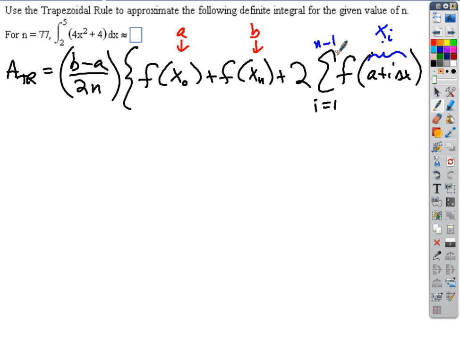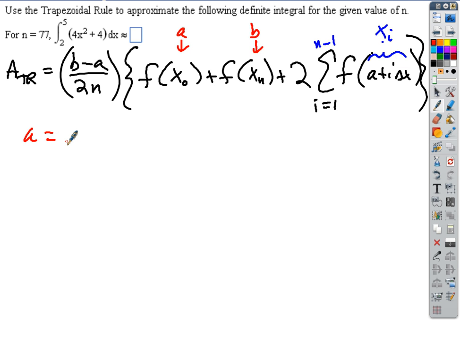But we don't need to think of it as x sub i here because we know what those are. That's A and B, right? Those are just the endpoints of the area, the left boundary and the right boundary. So now that's what we always start with. That's never going to change. We have to plug in the specifics for our problem into that, right? So what are our specifics then? Let's write those down.